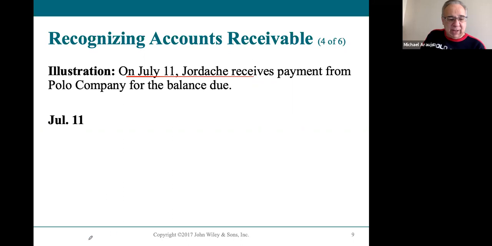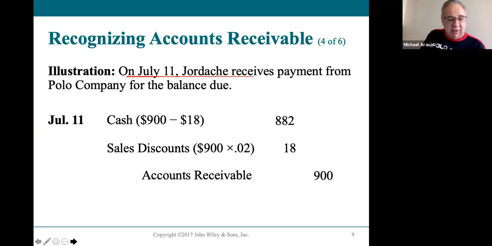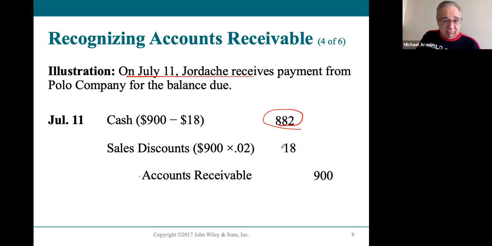They're going to pay 2% less. So then that $900 accounts receivable is literally only worth $882 in cash. That's the real value of it because you allowed for an $18 discount. You're still going to say the entire $900 receivable has been received, but the value of it isn't $900. The value of it in this case is only $882.